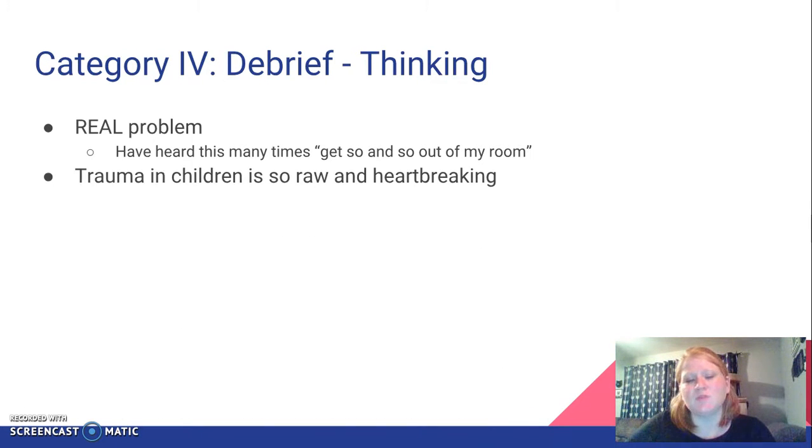I also was thinking about the trauma in children. It's so raw and so heartbreaking. Carl has clearly had trauma in his life. And simply by the very short snippet that we got from the parent meeting, you can tell Carl has had trauma, and you can tell that there is something going on between his parents, how they treat each other and how they treat the children.